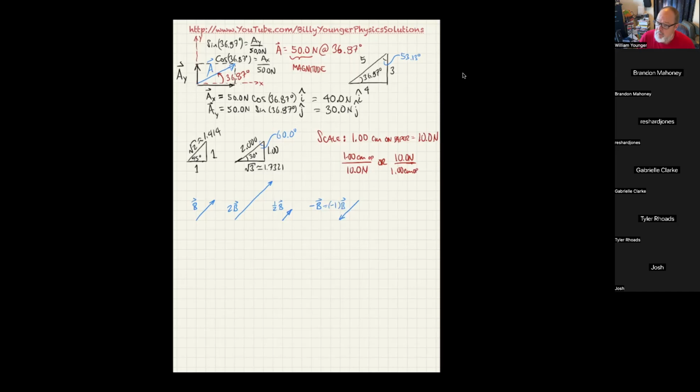And again, if the number is bigger than 1, you make it bigger. If the number is smaller than 1, you make it smaller. So we can see, for instance, here, this is -2b. And this is -1/2 b.